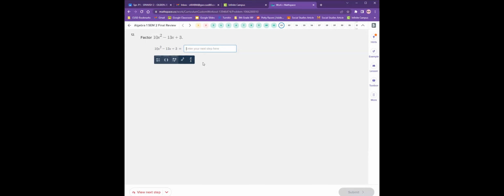And then I got... no, it's negative 3, so it's going to be minus. Is that what you got? Sorry, I was waiting. 10x. So here's what you can do. Here's the answer. The way to answer this is if you FOIL this, do you get back to the original?